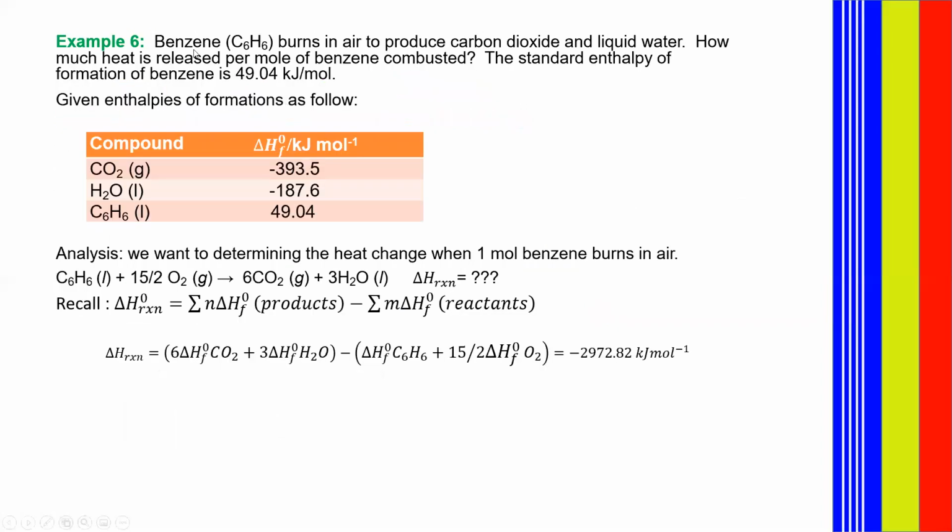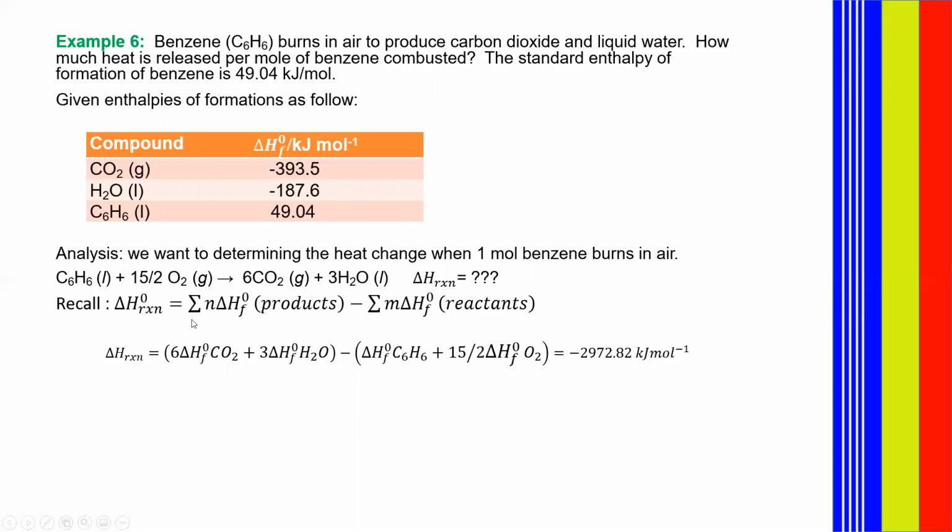All right, so benzene burns in air to produce carbon dioxide and liquid water. How much heat is released per mole of benzene combusted? The heat of formation of benzene is 49.04. All right. So you want to determine the heat change. That means you want that plus that gives you CO2 plus water.